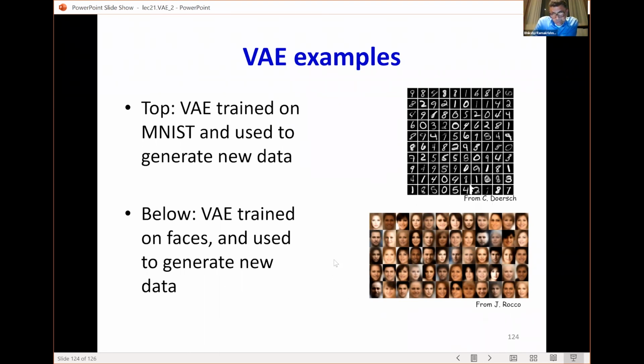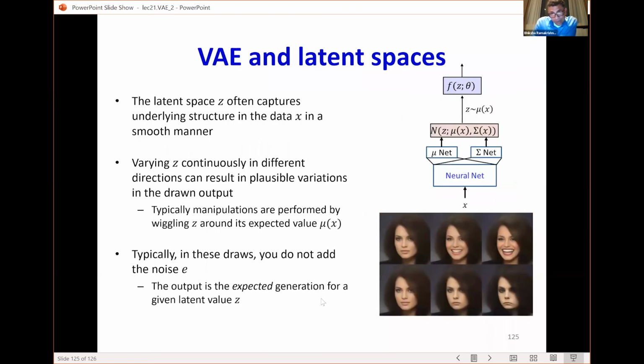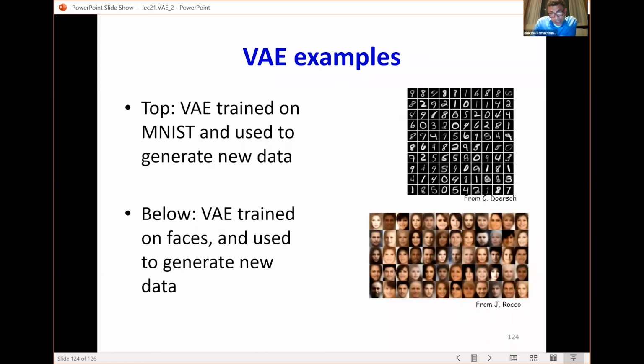Or this is from Rocco. He trained a VAE on images of faces and then generated random samples from it. And you can see it actually ends up looking like faces. So what we found is that it actually learns the manifold on which faces lie and is also able to characterize this distribution so that when you sample the data from it, they look like faces.